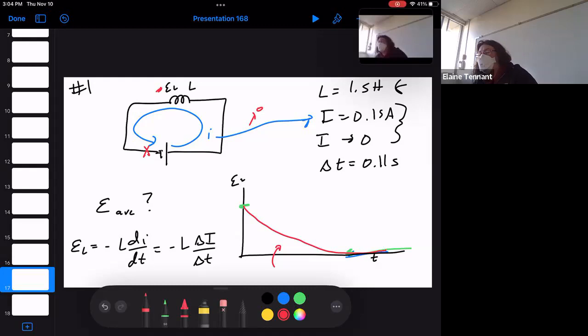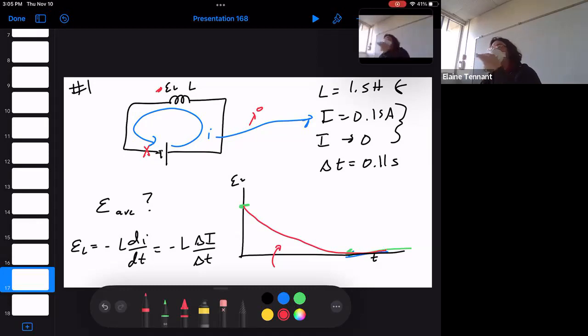Was it generated so current would flow in the clockwise direction or the counterclockwise direction? So did it want current to keep going in the same direction, or did it want to send current in the opposite direction? Online people, what do you think? No answer. Let me tell you.